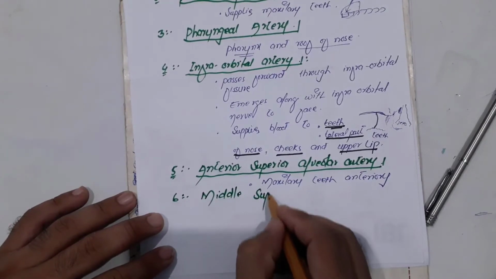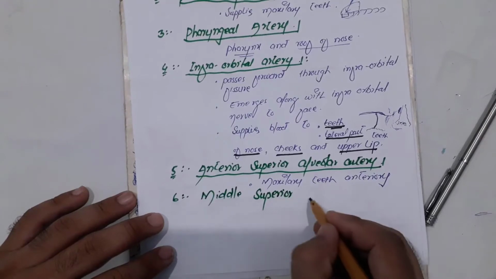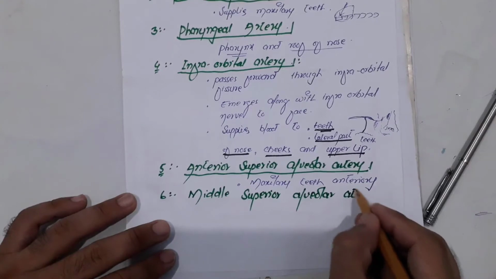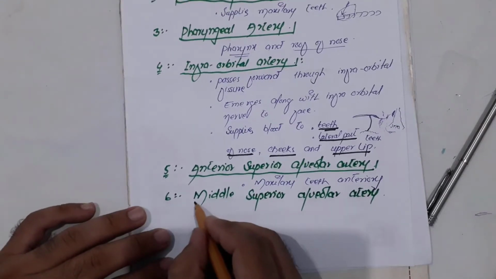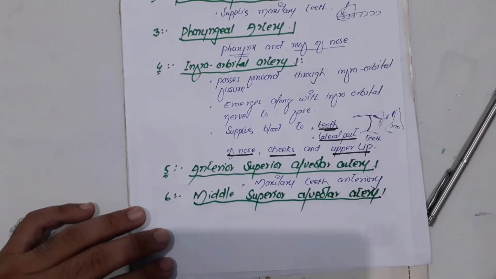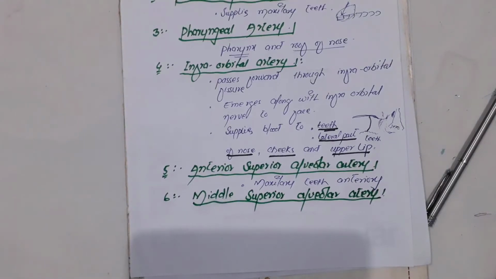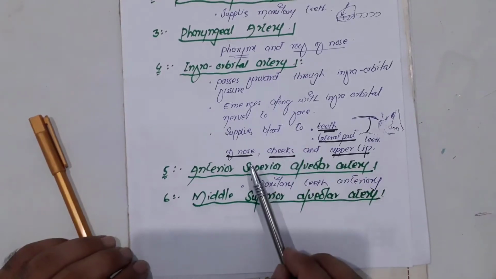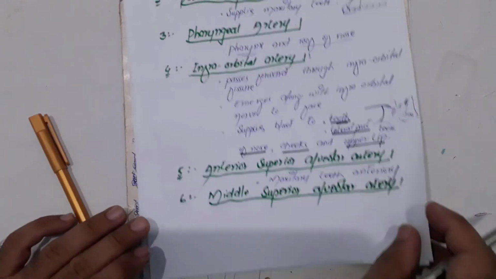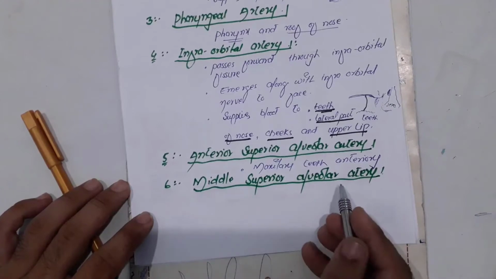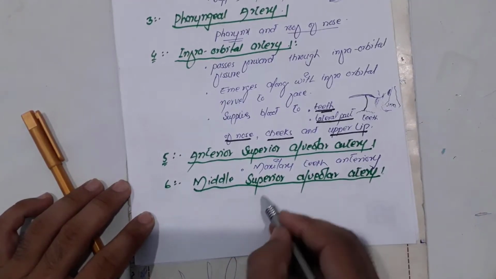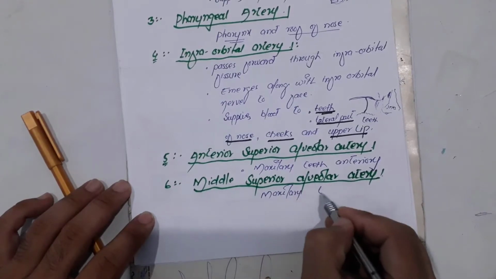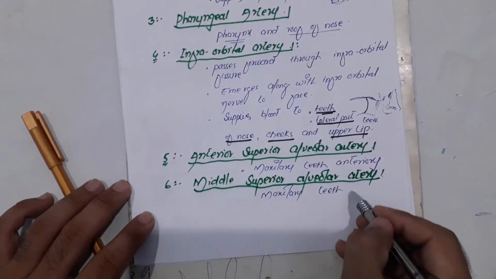In some cases, this artery directly arises from the branch given by the infraorbital artery, right? So we discuss this artery separately here. The middle superior alveolar artery also supplies the maxillary teeth, in the middle.